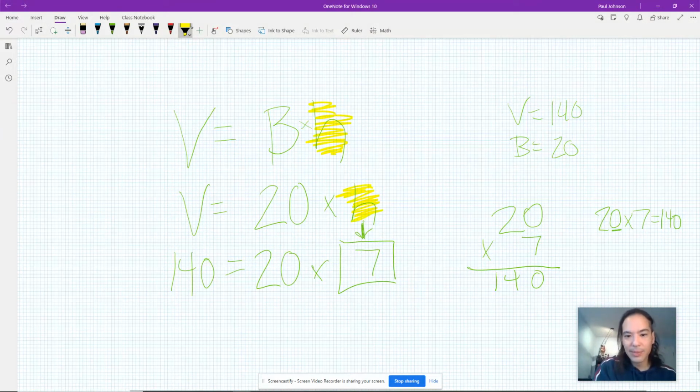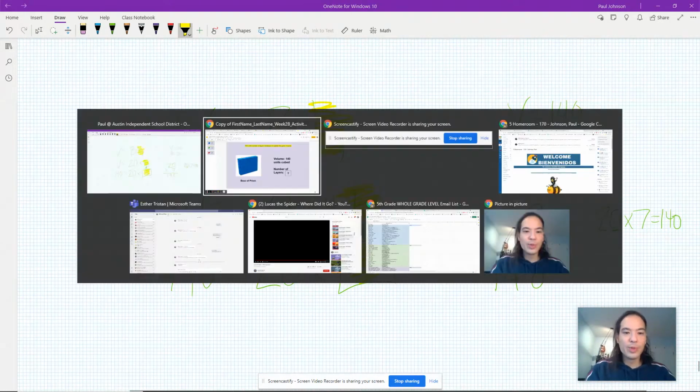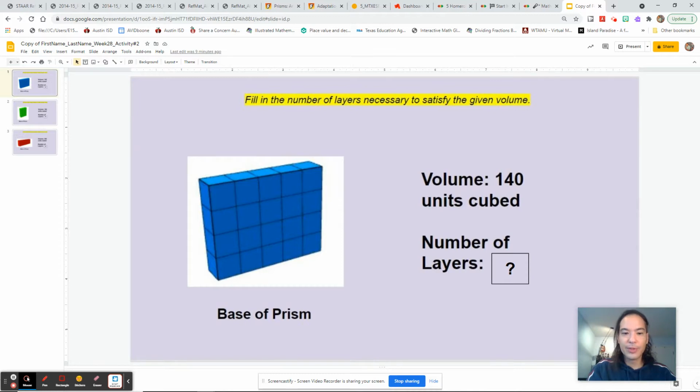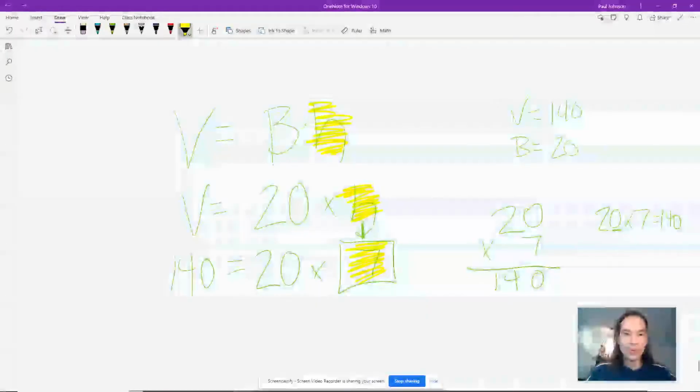The height was the missing piece, and then by filling in the parts that we did know, the volume was 140 because it says right here volume 140. We did know the base was 20 because we counted the cubes in the base. So 140 is equal to the base of 20 times the height. 20 times 7 equals 140.